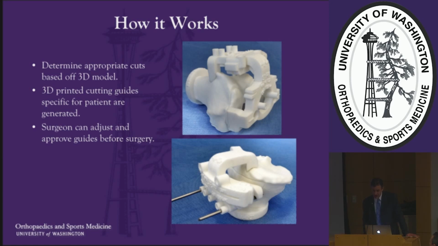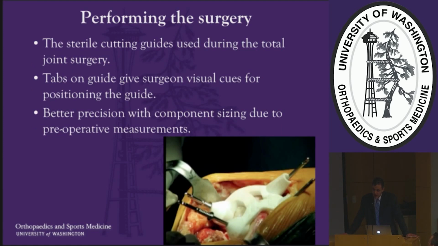So these 3D printed cutting guides are taken to the operating room with the surgeon and used for the case. Again, a typical approach to the knee is done, and these guides often have visual cues on them, certain tabs on the cutting guides that will allow the surgeon to acknowledge that they are in the appropriate location intraoperatively, and the surgeon is then able to make the cuts.